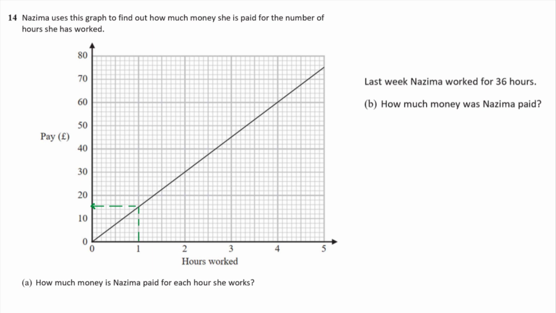Now I've got 5 divisions between 10 and 20. So each division is worth 2. So I think there are 2.5 divisions, and that's going to be worth 5 then. So I think that's pointing at 15. So how much money is Nazima paid for each hour that she works? She's paid £15 an hour.